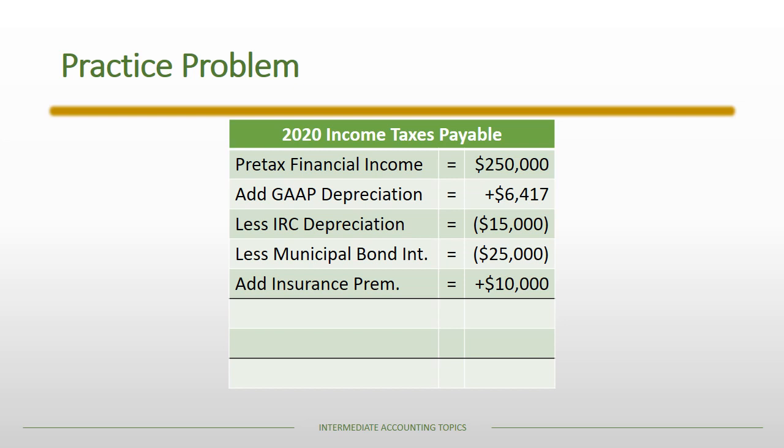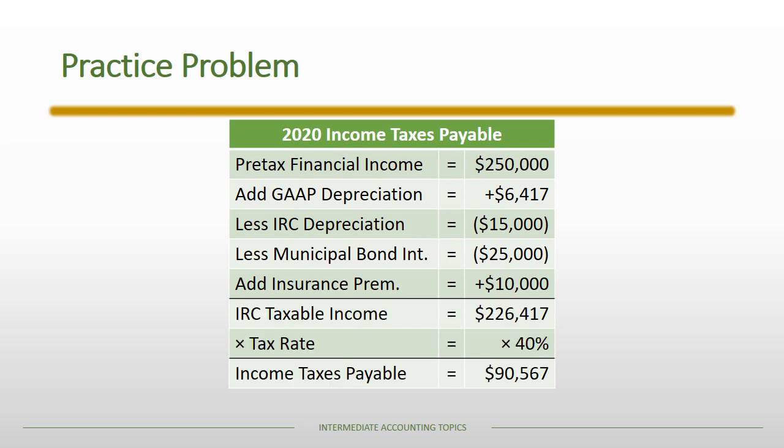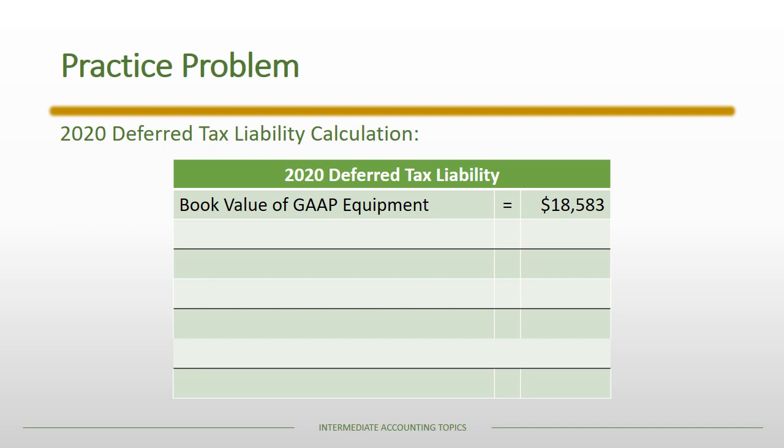And then we have the insurance premiums, which are expenses under US GAAP, but they are not deductible under the Internal Revenue Code, so we have to add those back. And so our Internal Revenue Code taxable income is $226,417. We apply the tax rate, which gives us our income taxes payable of $90,567.